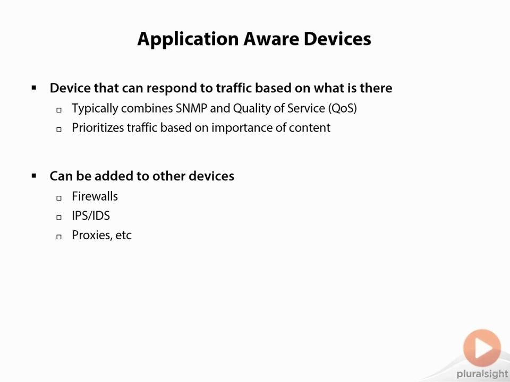And additionally, application-aware devices can be added to other devices, whether it be firewalls, IPS, IDS systems, proxies, etc. So, as an example, I might want to allow video traffic to have a higher priority than just web surfing, because if I drop packets when I'm browsing a website, it doesn't really affect my experience very much.